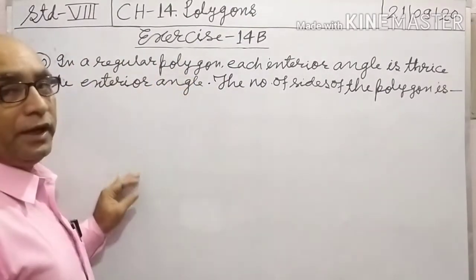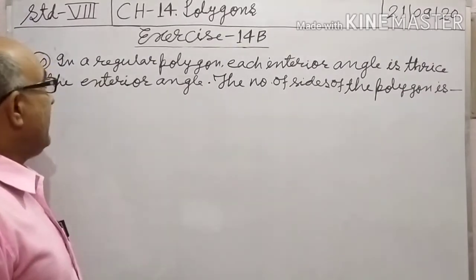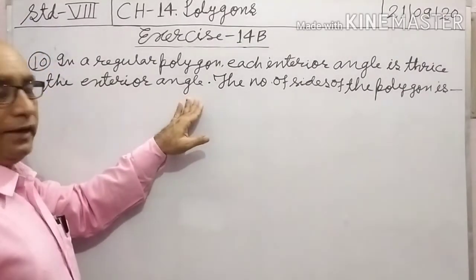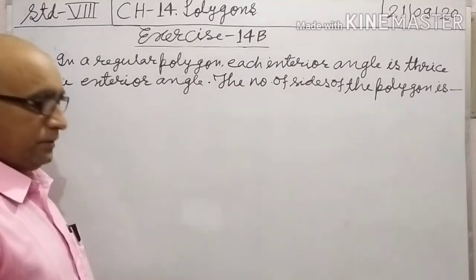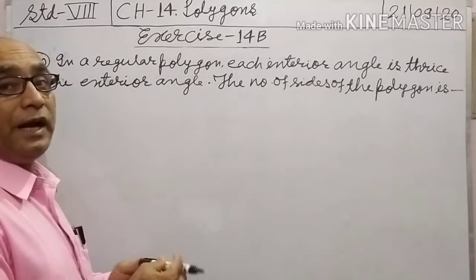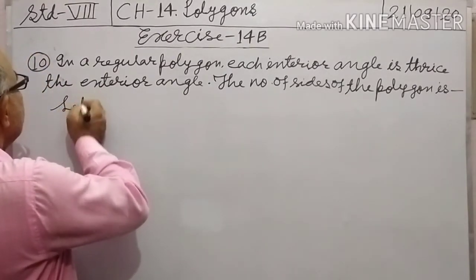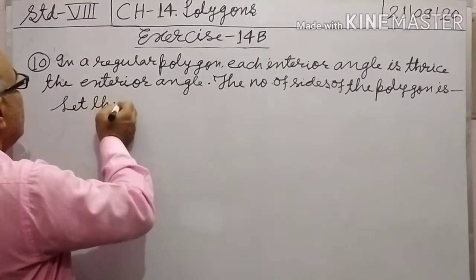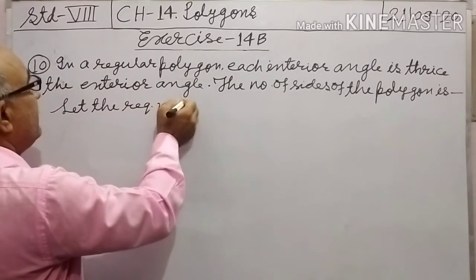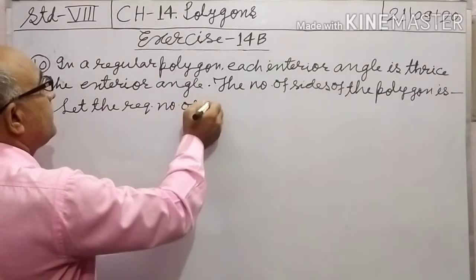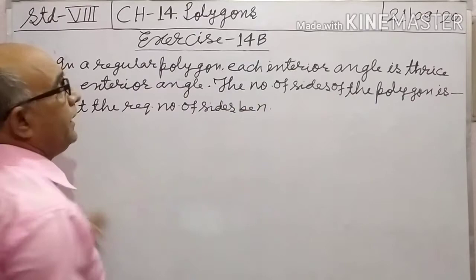In a regular polygon, each interior angle is thrice the exterior angle. The number of sides of the polygon is? We have to find the number of sides of the regular polygon. So let the required number of sides be n.